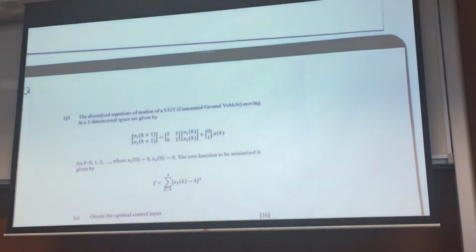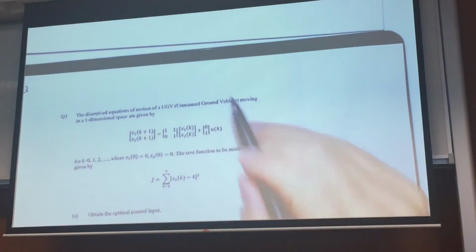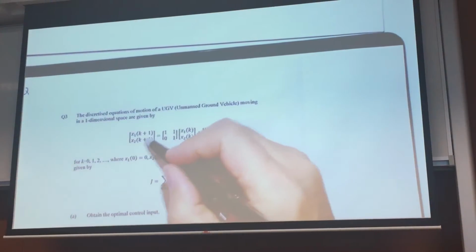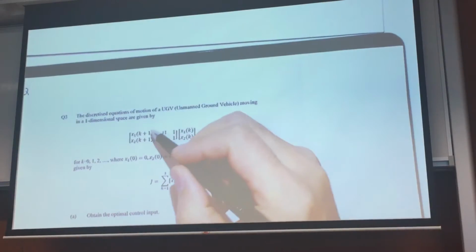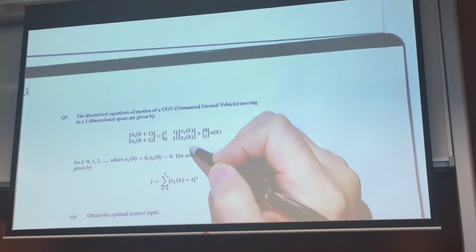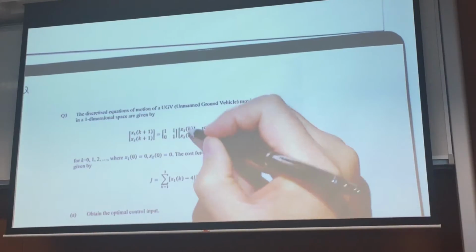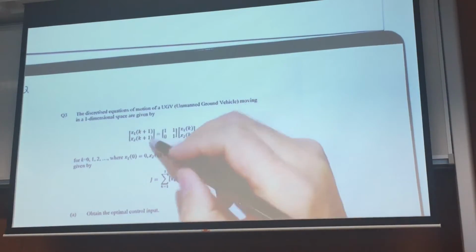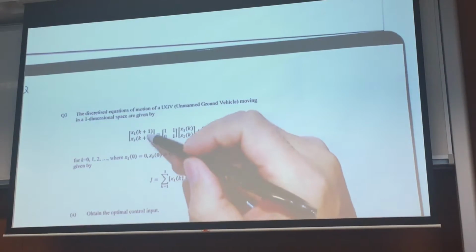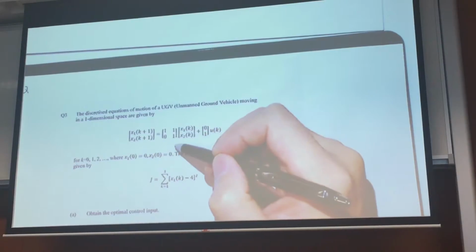So the third question is also very simple. It's just a simple minimization problem. In this problem, you have a 1D path planning problem. In our 1D path planning problem, we have two components in the state vector.